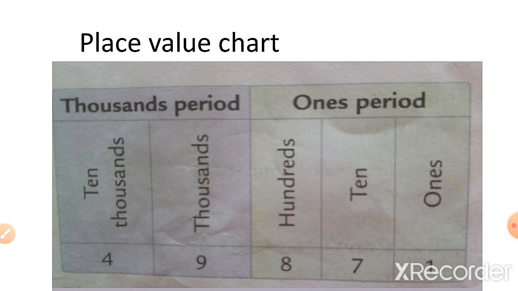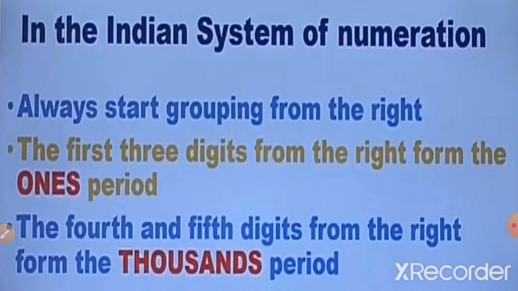And the next 2 digits, thousands and 10,000s, will be your thousands period. In the Indian system of numeration, always start grouping from the right. The first 3 digits from the right form the ones period. The 4th and 5th digits from the right form the thousands period. And also you have to insert a comma between the ones period and the thousands period.